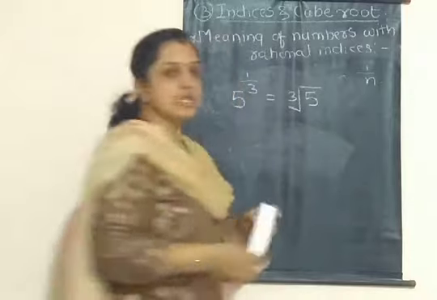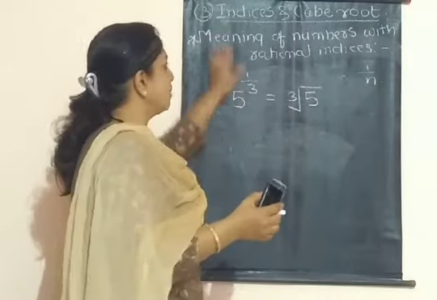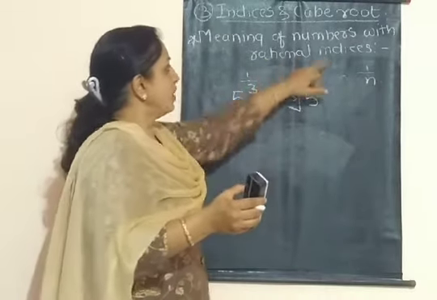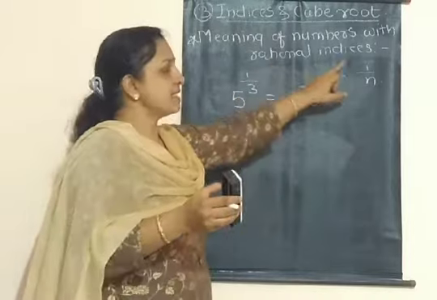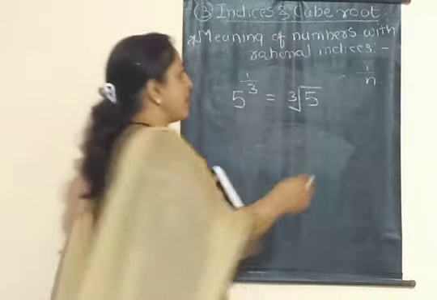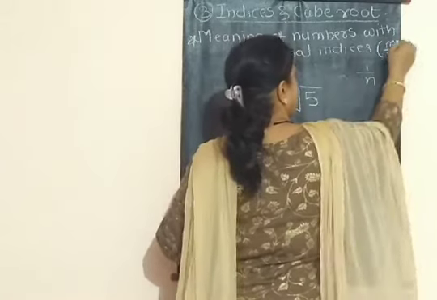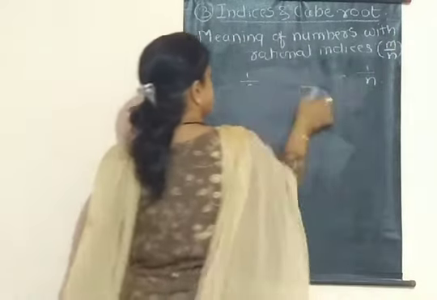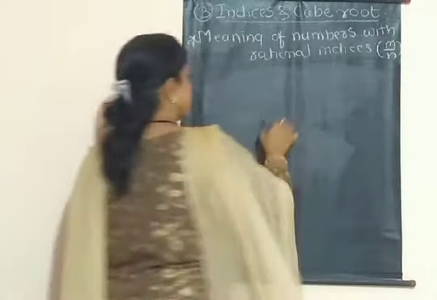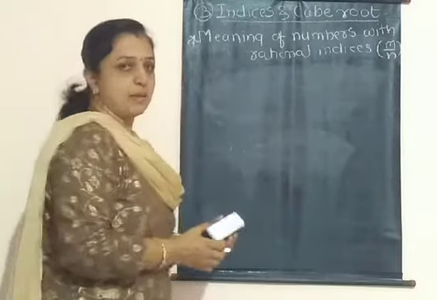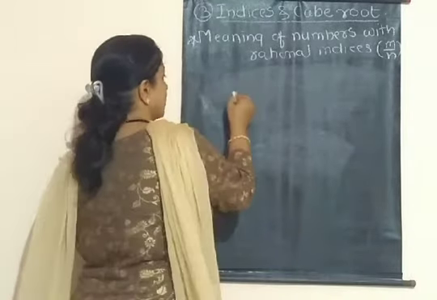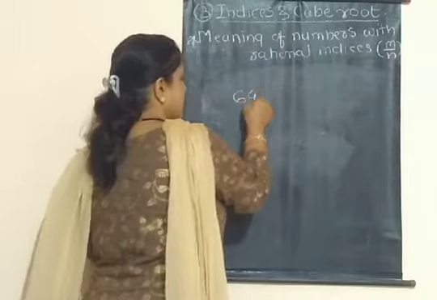But in today's lecture we have to study the meaning of numbers with rational indices in the form m as to n. Now let's see some examples depending on this. Consider the first example. Suppose we take the number 64.